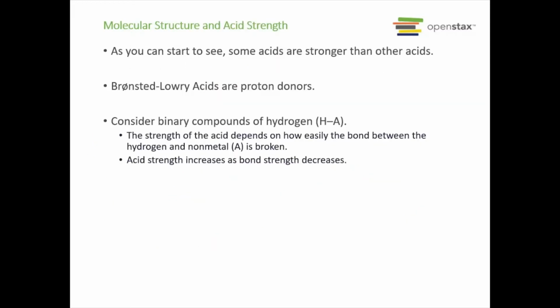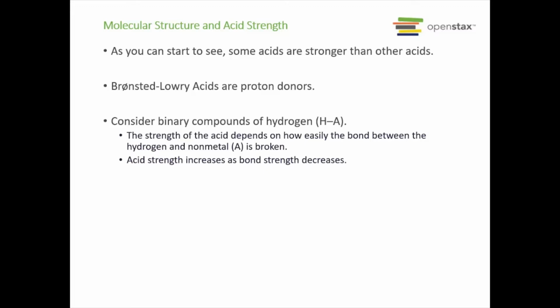So as you're seeing with these weak acids and bases, some are stronger than others. Again, Bronsted-Lowry acids are proton donors. If we were to look at the binary compounds of hydrogen, HA, so maybe HCl, HF, HI, the strength of the acid depends on how easily the bond between the hydrogen and the nonmetal is broken. Another example would be H2O, H2S.